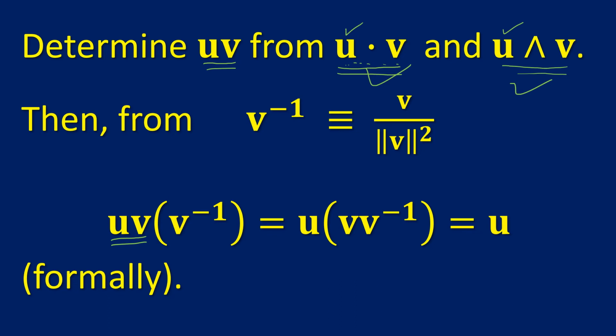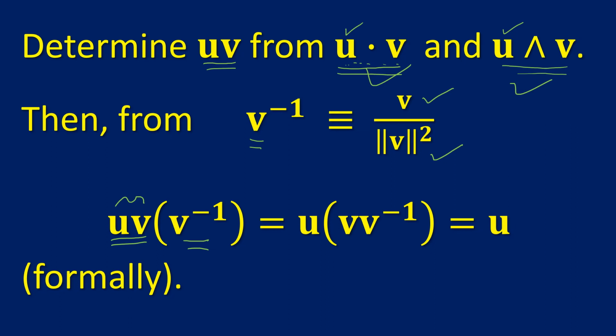Also in geometric algebra, every vector, in this case it'll be v, has a multiplicative inverse, which is nothing more than the vector itself divided by the square of its magnitude. So what we will do then to find u is we'll multiply the geometric product uv by the multiplicative inverse of v.